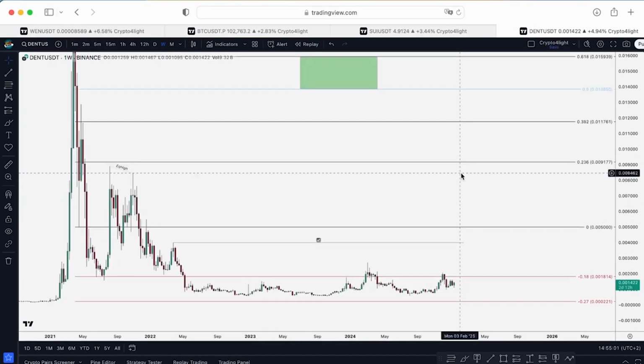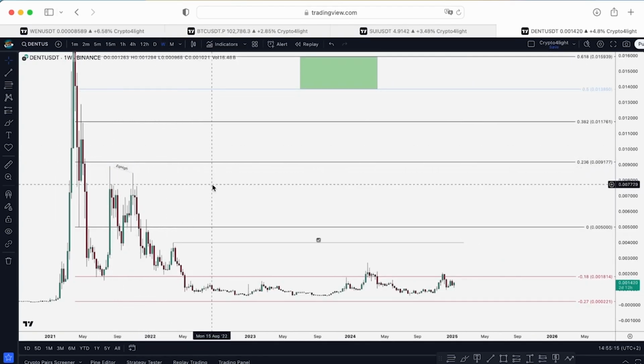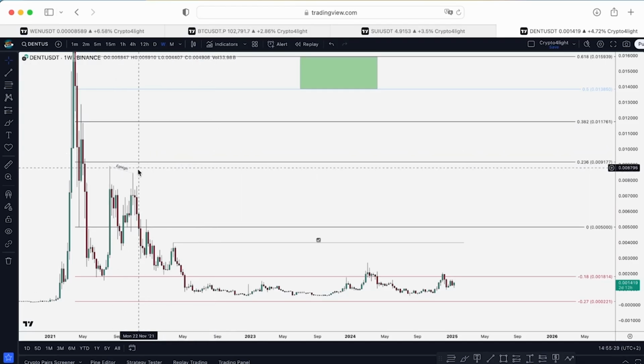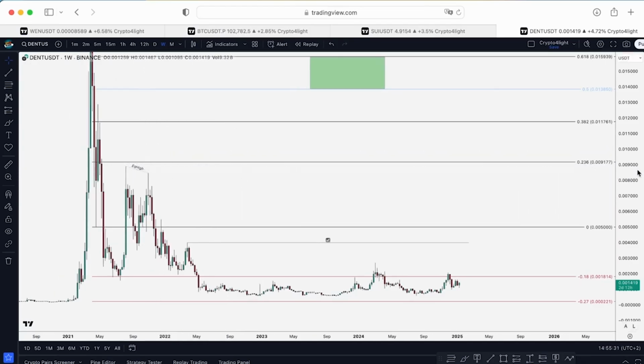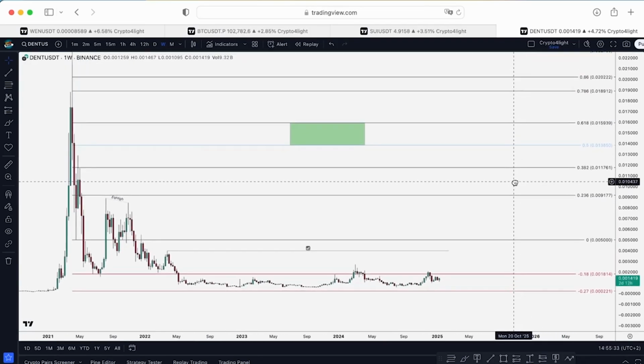But you have to understand, if some token, for example, like DENT, formed some actual highs on a weekly time frame, it's not 100% that we will come back and sweep those highs. Depends on market capitalization, depends on how many tokens flow into the market with the unlocks, with supply. So technically, we can sweep those highs, but everything should be in complex.